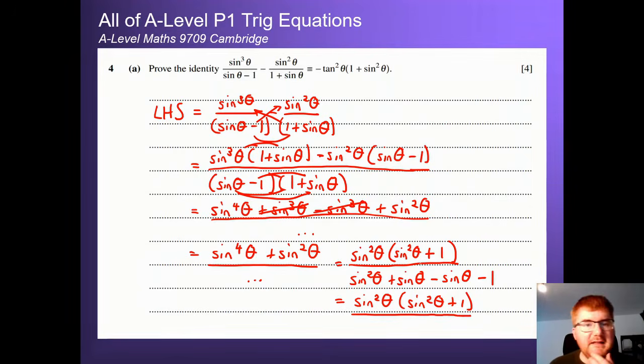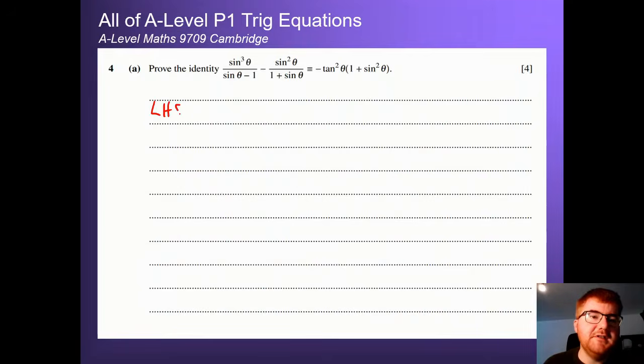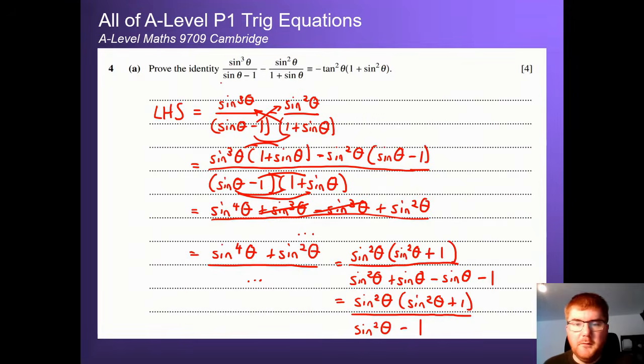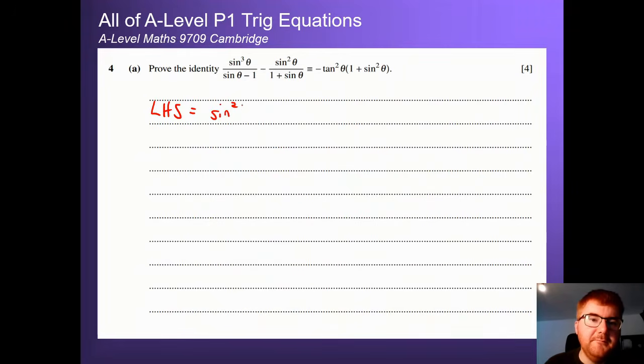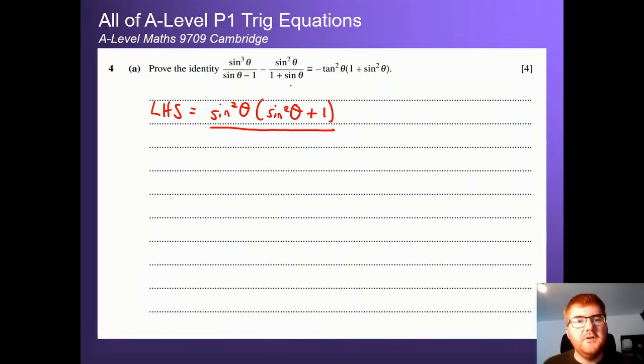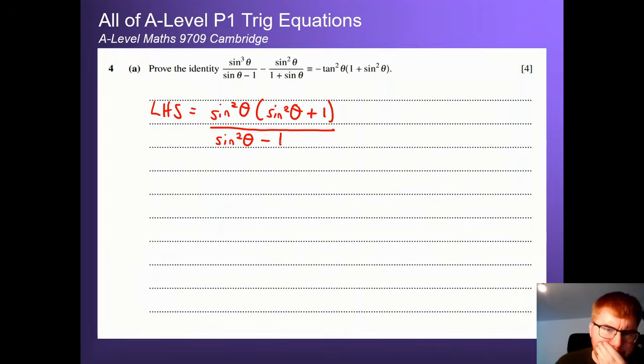If we multiply this out correctly, we're going to get sine squared theta minus 1. So let me copy over the progress that we've made so far. So we've got sine squared theta, sine squared theta plus 1, and on the bottom, where we expanded this out, we've got sine squared theta minus 1. Okay, so we're certainly making some progress here.